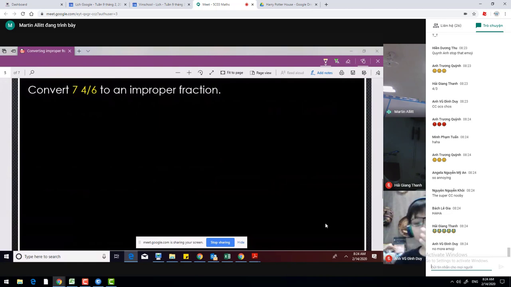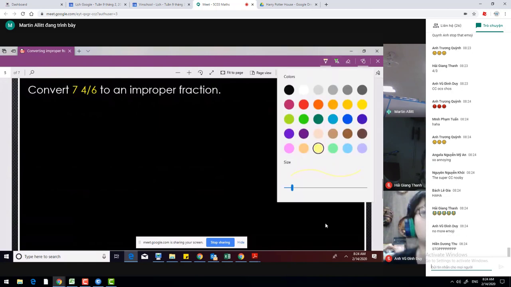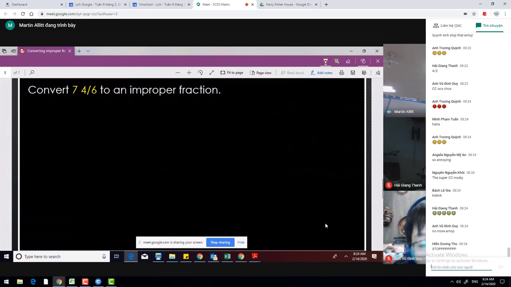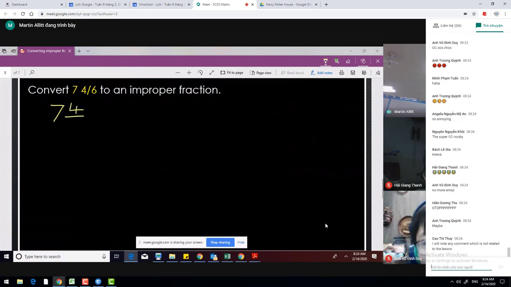7 and 4/6 to an improper fraction. So again, now this one is a little bit more challenging. Bigger numbers. So what are we working with? 7 and 4/6. Okay.